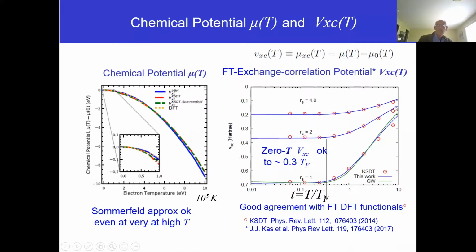You have to modify the exchange correlation potential. That works quite well up to maybe 1/3 of the Fermi temperature. But at very high temperatures, it turns out that exchange becomes very small and correlation takes over. This is actually calculated from first principles using the Galitskii-Migdal Cumulant Green's function.